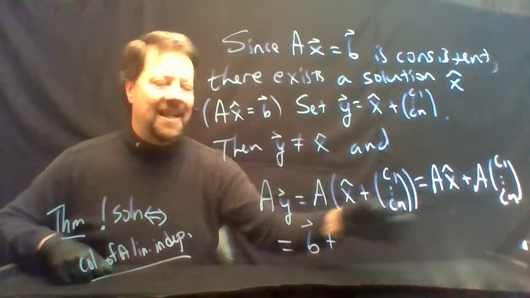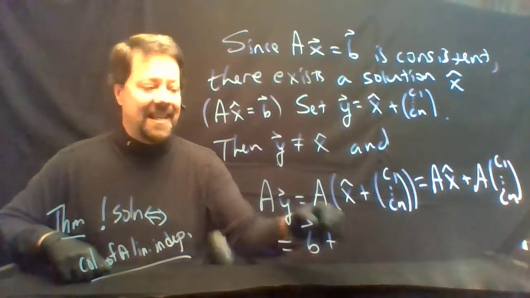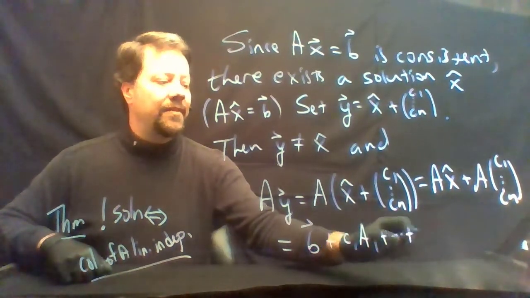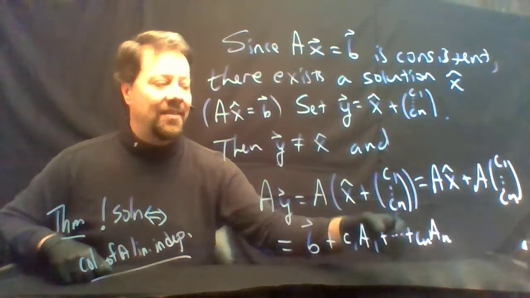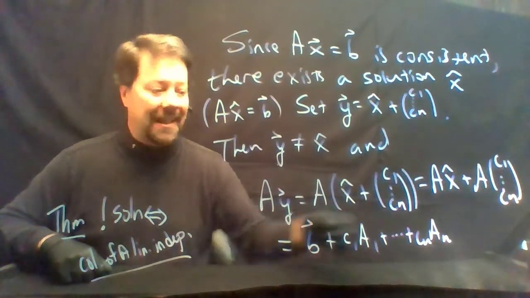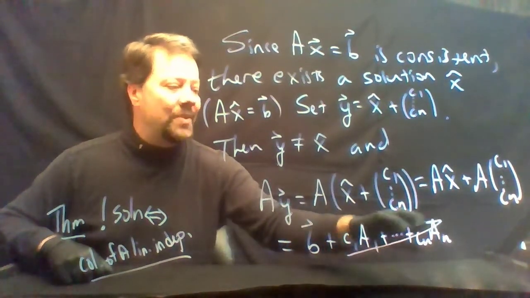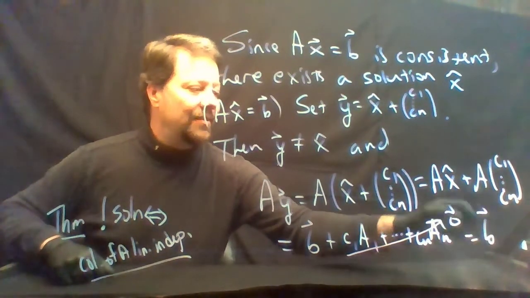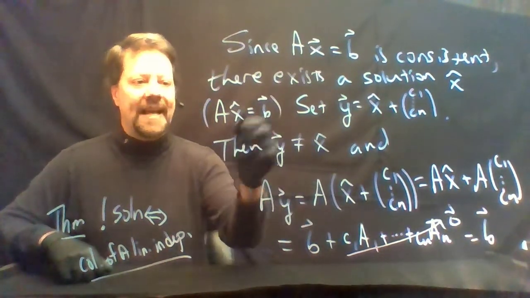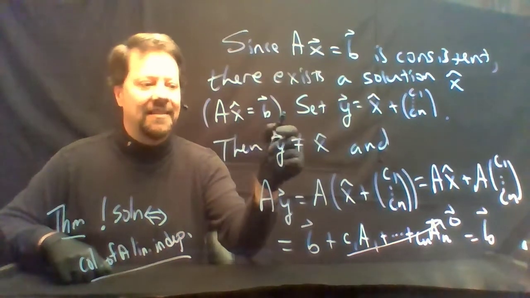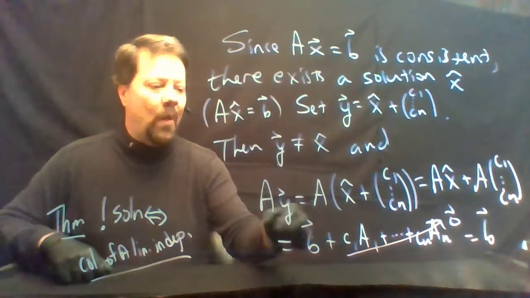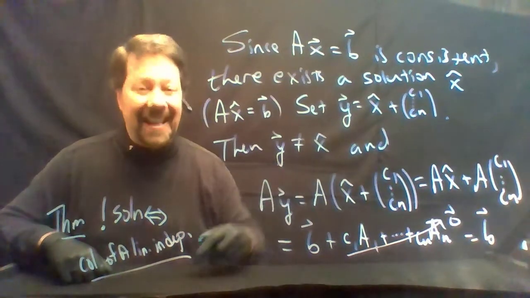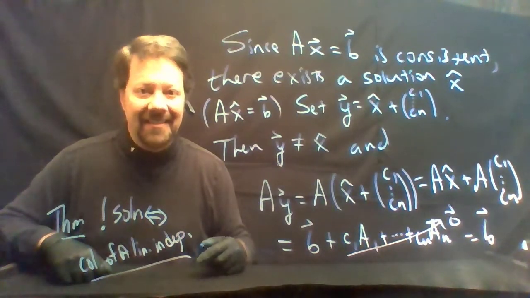But what is A times this vector involving the c's? That's c1a1 through cnan, a linear combination of the columns of A, and those add up to 0. So the whole thing is equal to b, which means we not only have a solution x hat, we have another solution y. Ay equals b, and y is not equal to x hat.